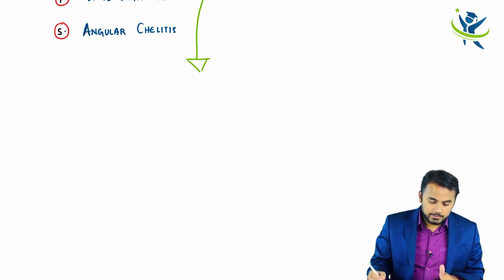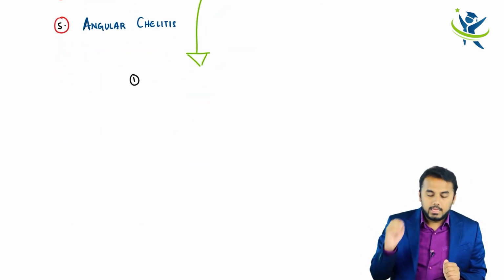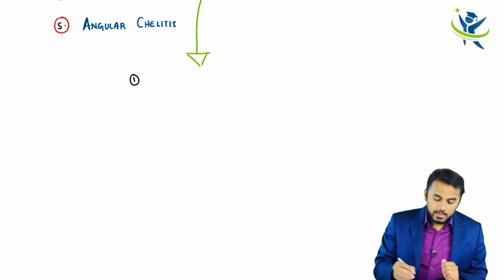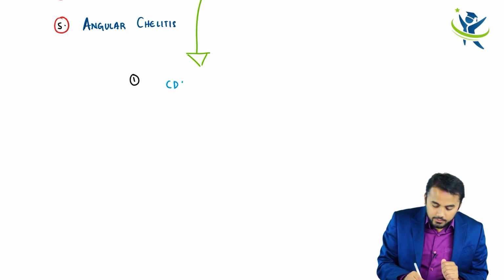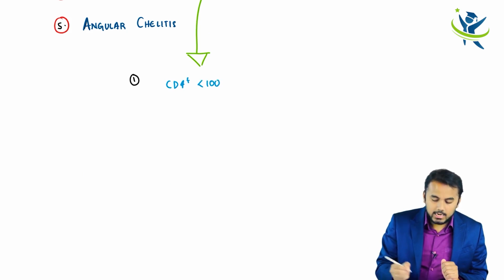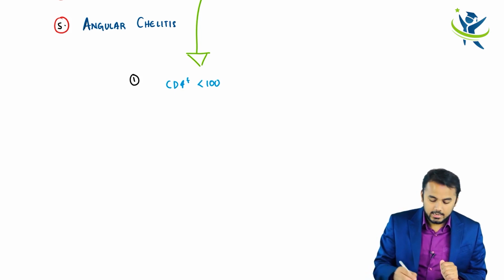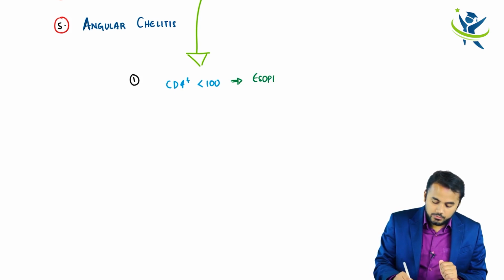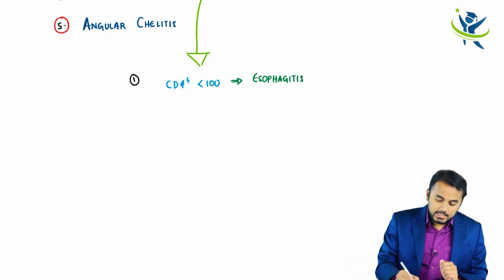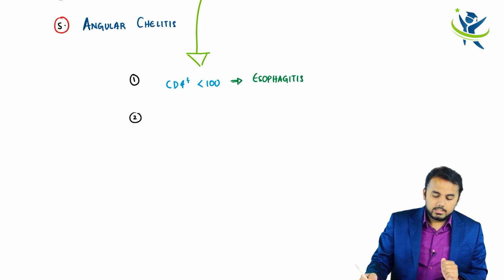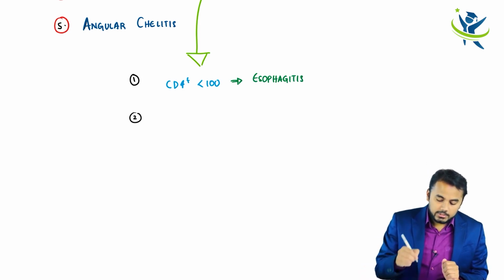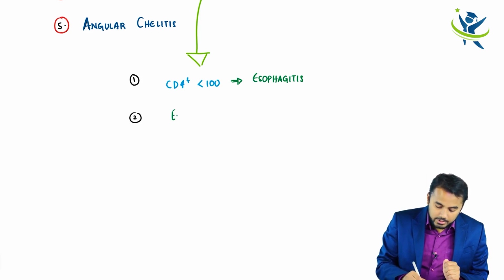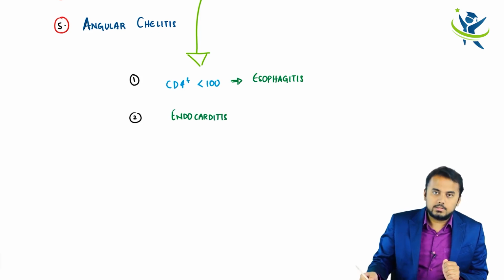The first important thing is that in immunocompromised individuals, if their CD4 count is less than 100, then the patient is gonna end up having a condition that is esophagitis, right? The second important thing is that these patients can also experience damage to the heart, that is endocarditis.